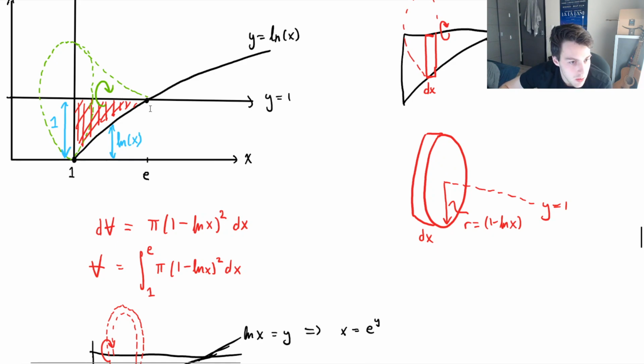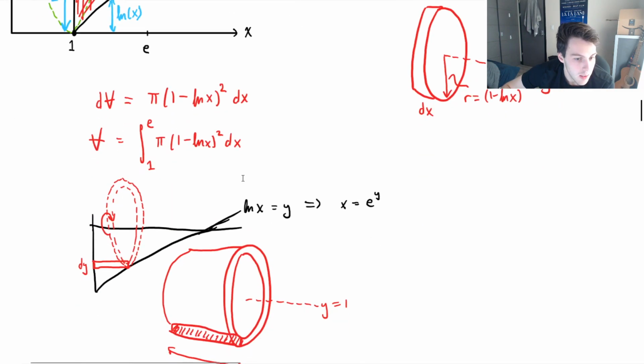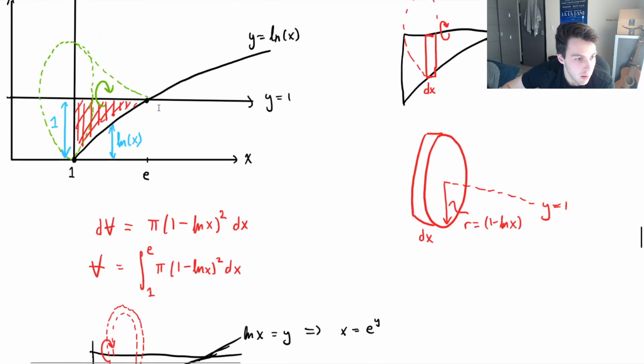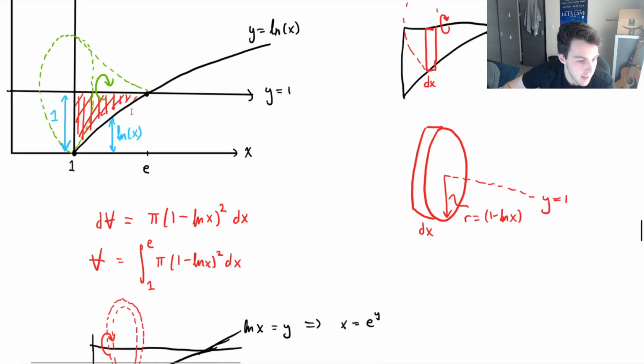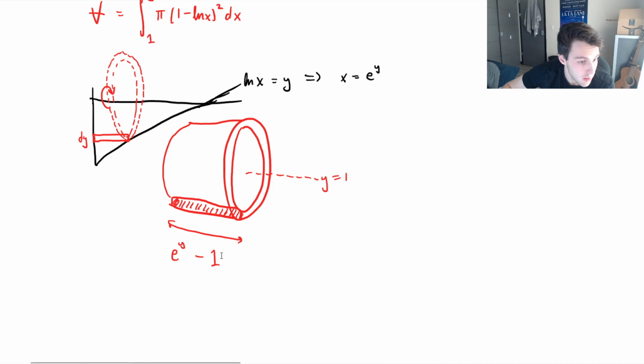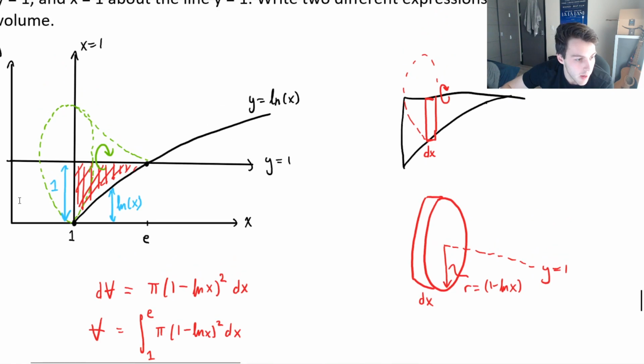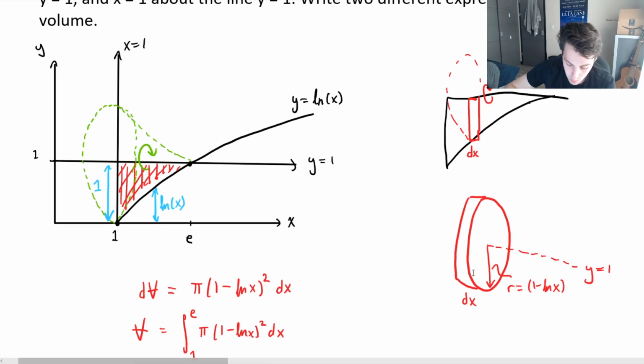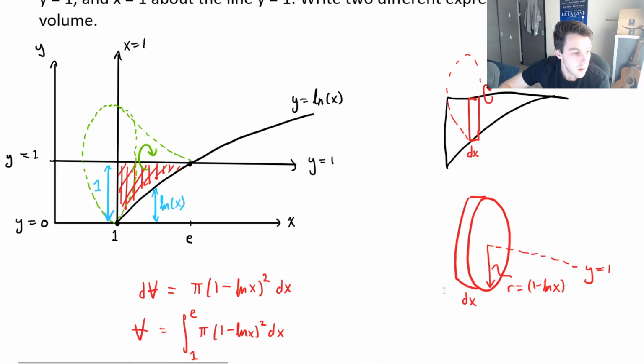So as we approach y equals 1, it should have a length of e minus 1, because we have e to the 1 minus 1, so e minus 1. So that makes sense for any value of y between 0 and 1. Let me make that clear, actually, that we are integrating now with respect to y. So this is y equals 1, this is y equals 0. Great.